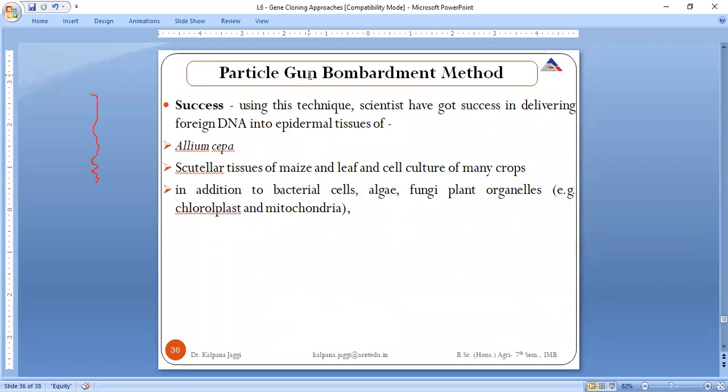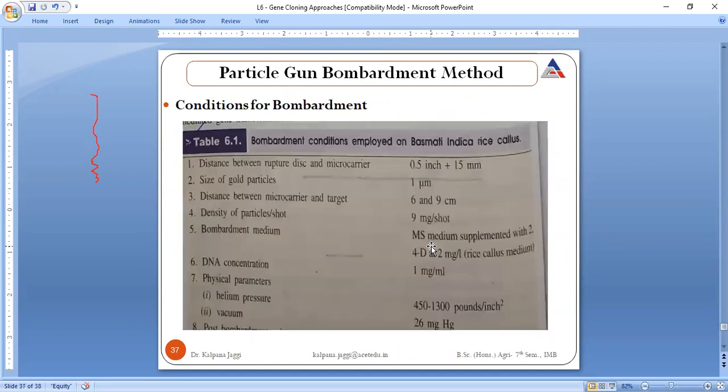With the help of this particle gun bombardment method, success has been achieved in many epidermal tissues of species like Allium cepa, scutellar tissues of maize, and leaf and cell cultures of many crops. And even besides plants, we have inserted DNA into bacterial cells, algae, fungus, etc.